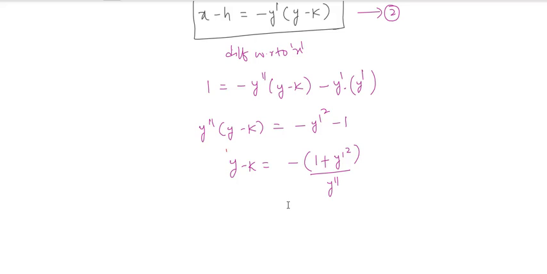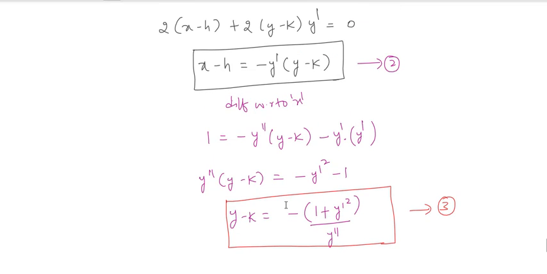So this is one more equation, y minus k. Now I can replace that x minus h and y minus k, then I can remove them easily. If you are observing here, in x minus h there will be y minus k, and this also I need to eliminate.